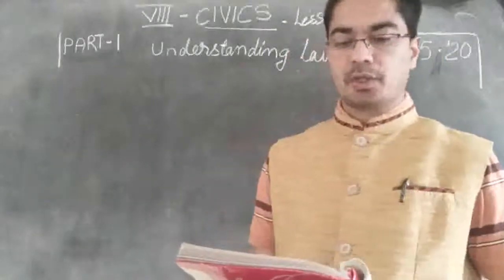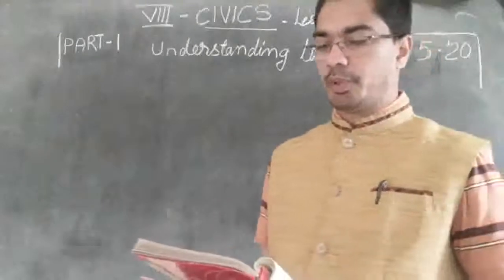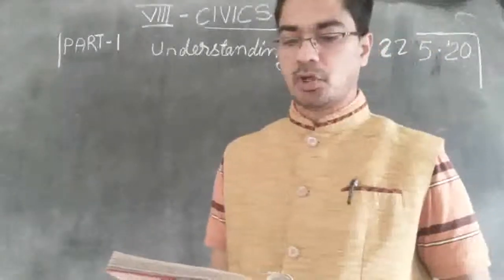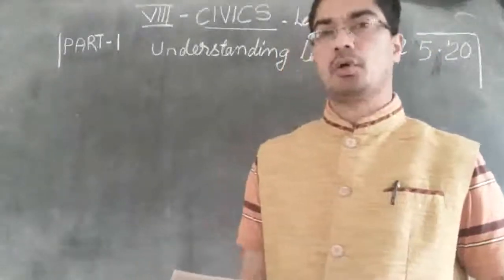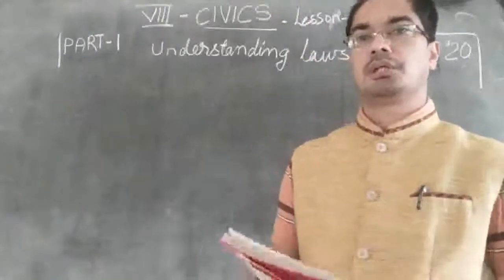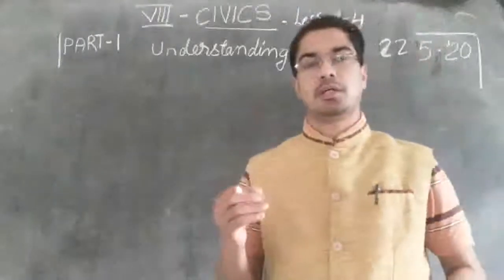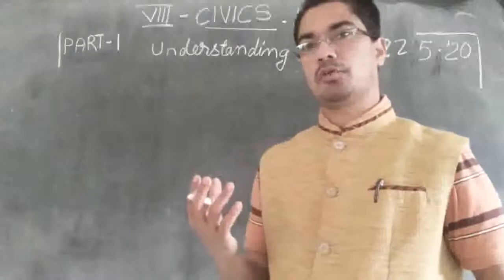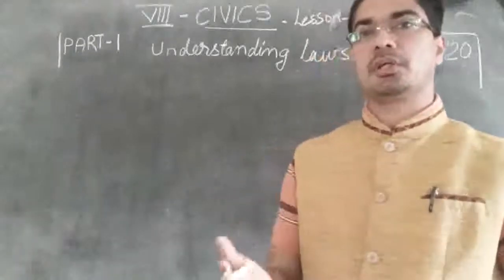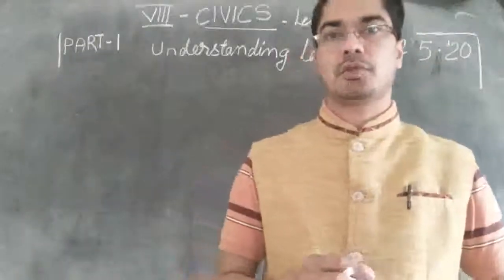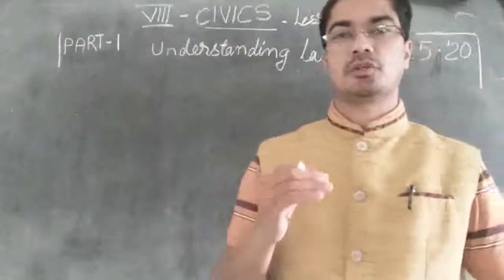Therefore, there were several ways in which Indians played a major role in the evolution of the rule of law during the colonial period. Some people say that it was the British who brought the rule of law, but we are refuting that.